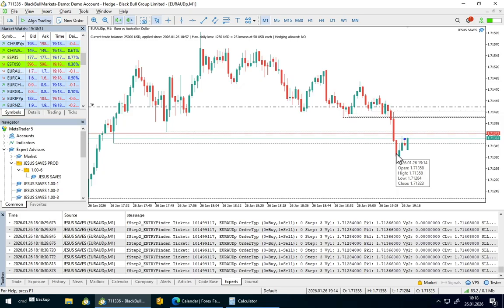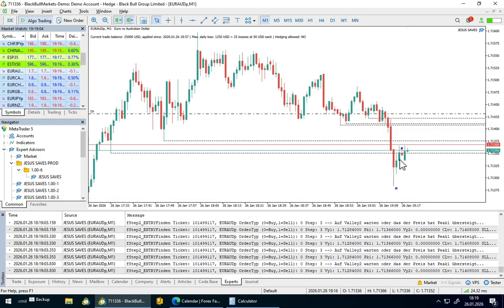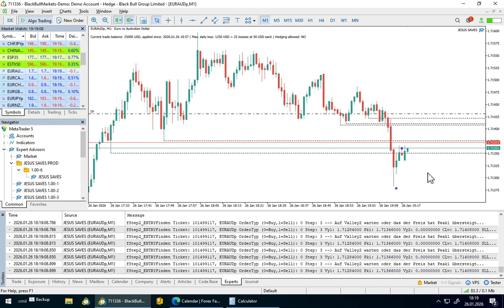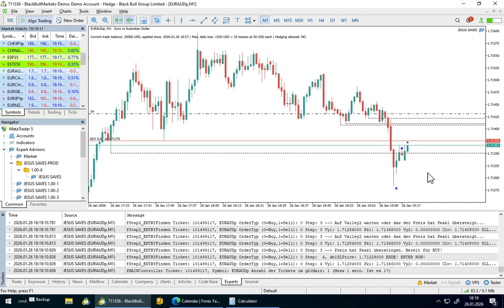Yeah, it's exactly, the low is 171.284, and it's exactly this. And the peak is at 1.71366. That's this candle. And I think pretty soon we will see that he's going to enter with a buy.